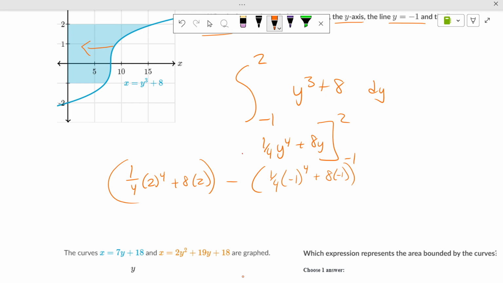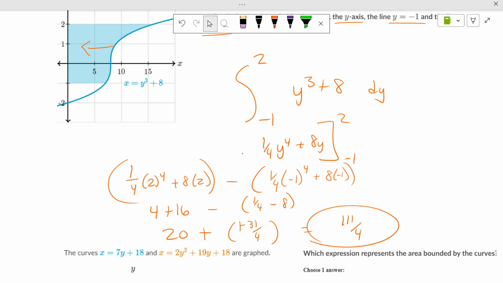Well, 2 to the 4th is 16. 1/4 of 16 is 4 plus 16, which is 20, minus 1/4 minus 8 is -7 3/4, or -31/4. So if we go plus a positive, this is 80/4 plus 31/4 is 111/4.